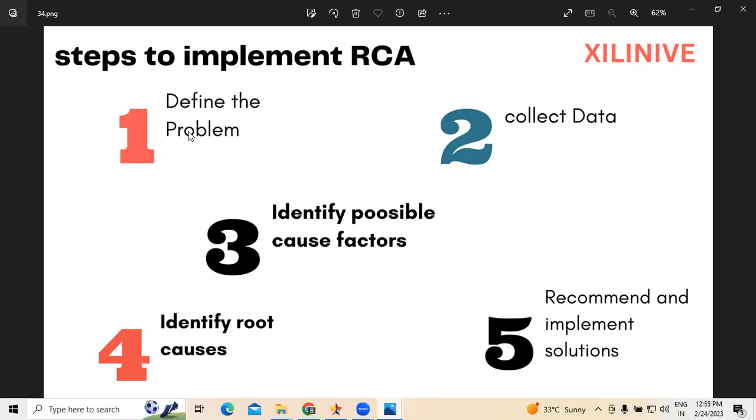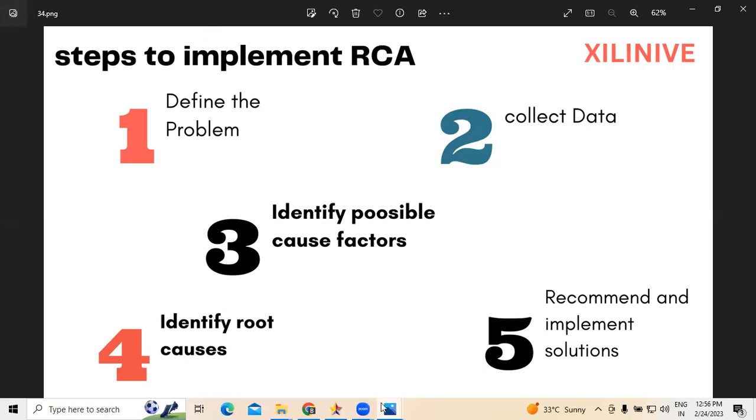Next, we need to identify the root cause, because for some problems the root cause might be one or two. That is identified in the fourth step. The fifth is to recommend and implement solutions accordingly. These are the 5 steps we normally follow when working on root cause analysis as a business analyst.